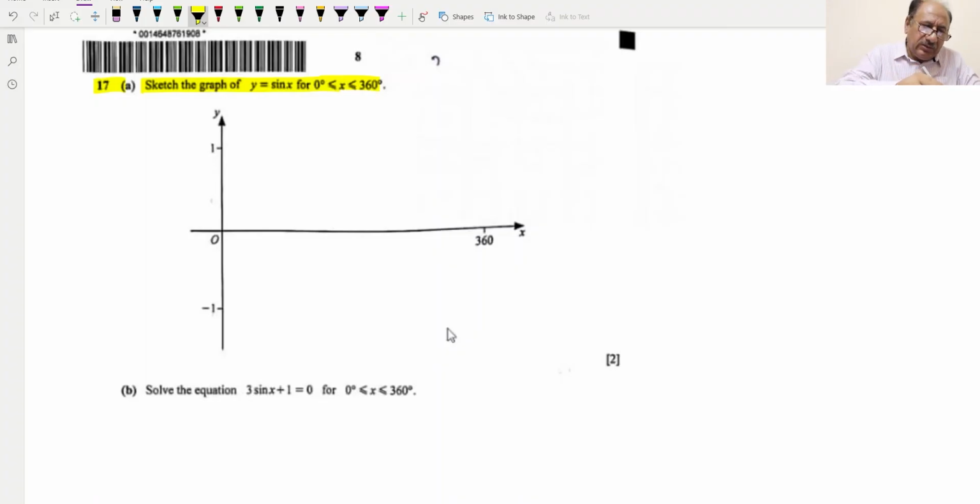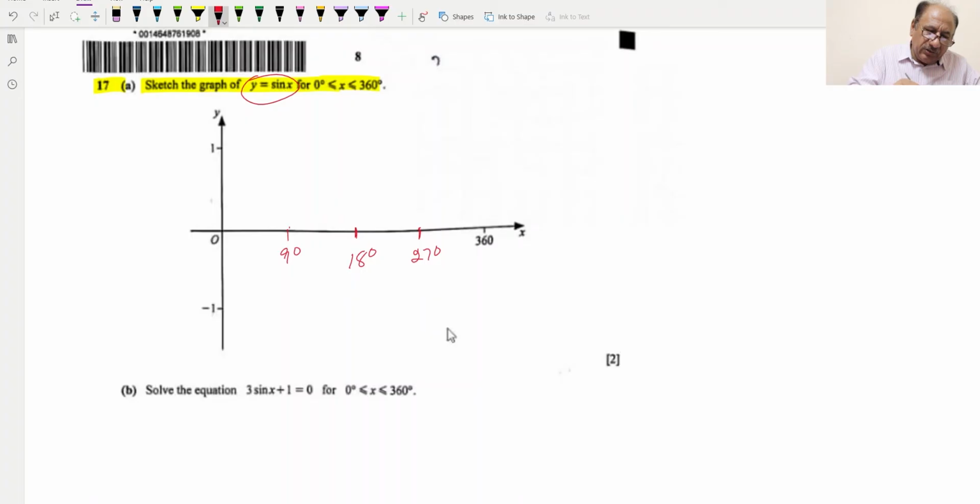We can take the middle point, which will be 180, and this middle point we can divide further into half, so this one will be 90 and this one will be 270. Now we know that y is equal to sine theta, this is the given equation.